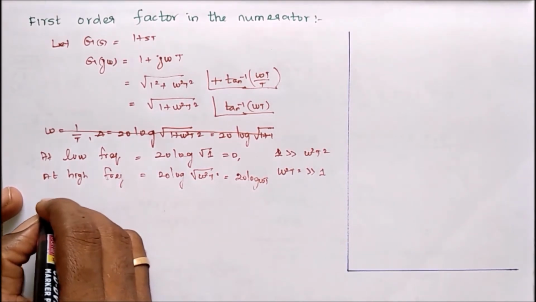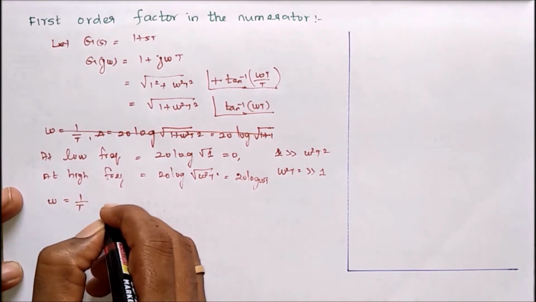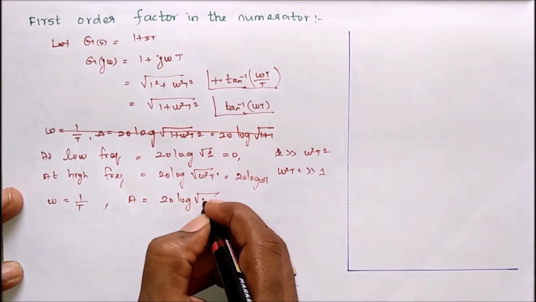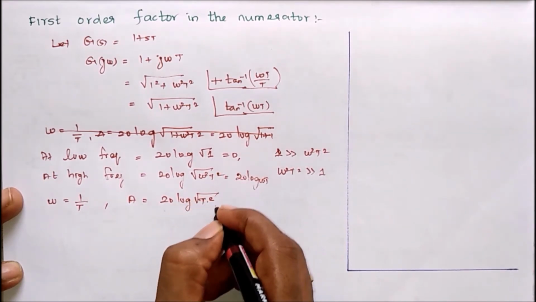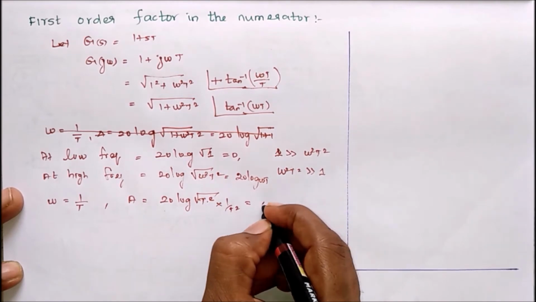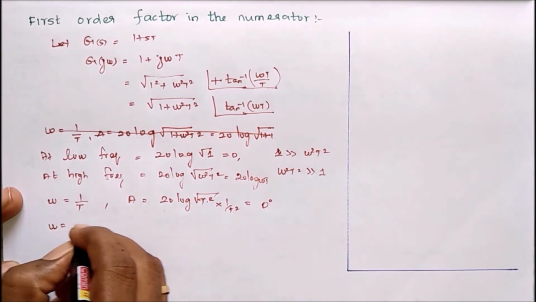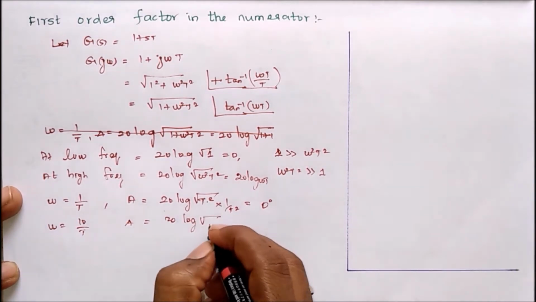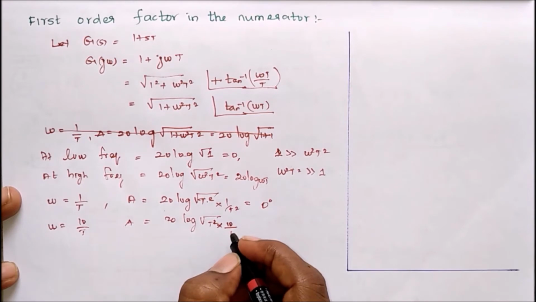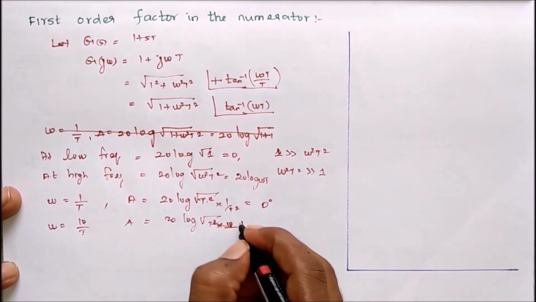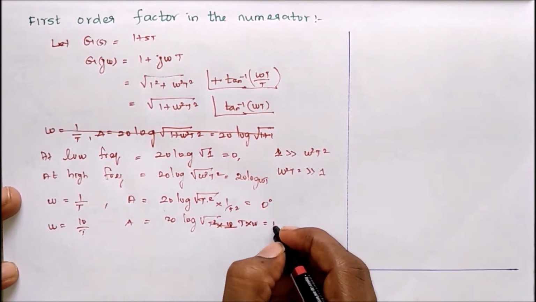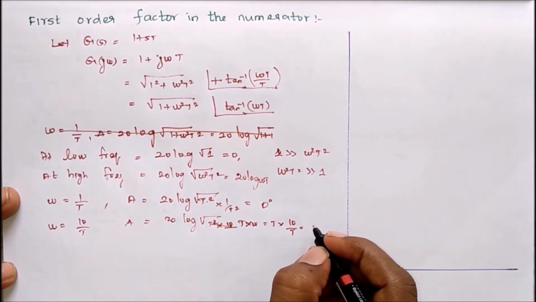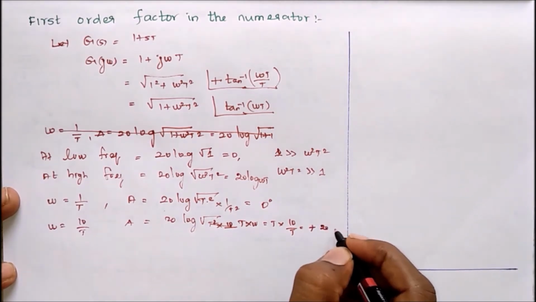Now for omega, we are going to consider 1 by T. Therefore gain A equals 20 log square root of 1 + 1, which is about 0. So when omega equals 10 by T, T into omega equals T into 10 by T equal to 10, so A equals plus 20 decibel.